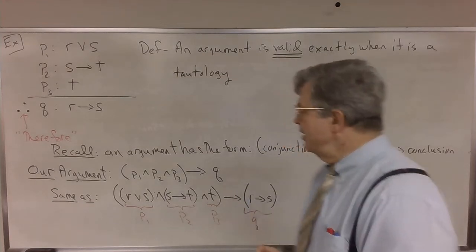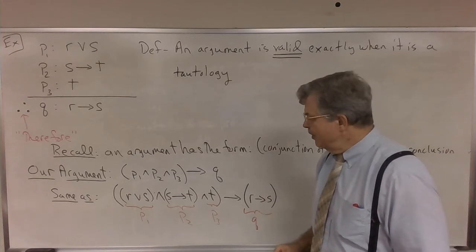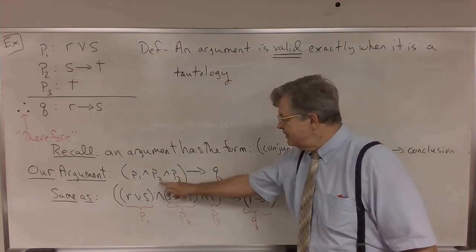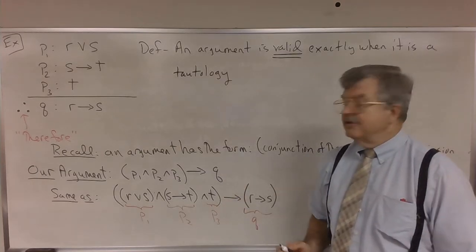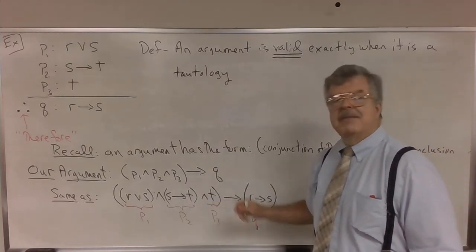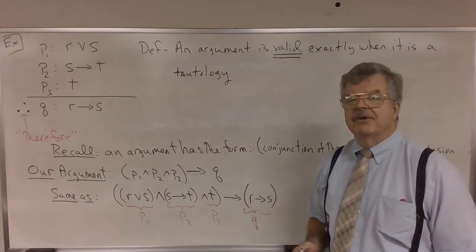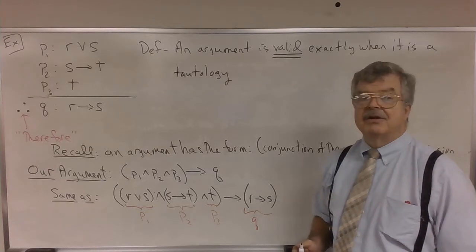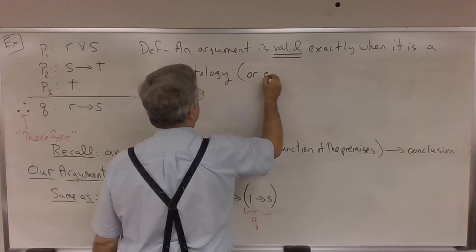Now, notice also that our argument is of the form conjunction of the premises implies the conclusion. So it's an if-then statement. And an if-then statement that's always true, or a tautology, is called an implication. So we can say that too.